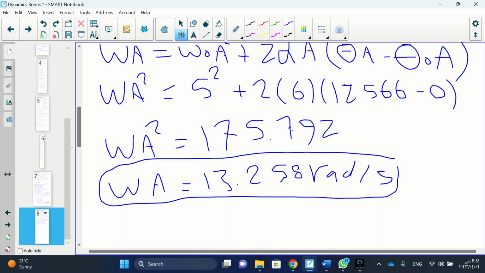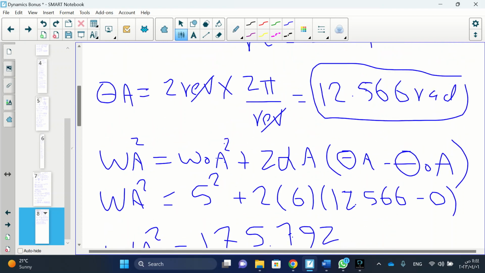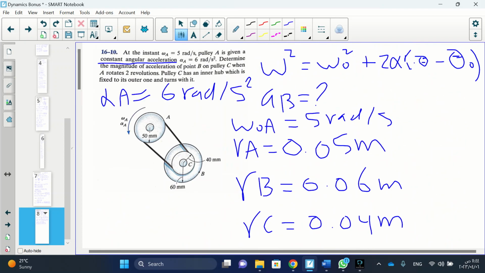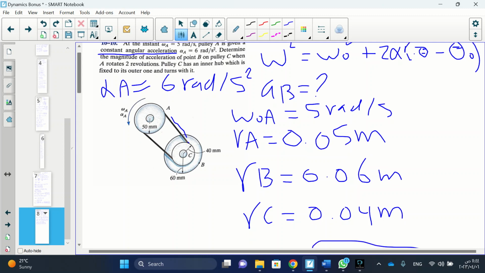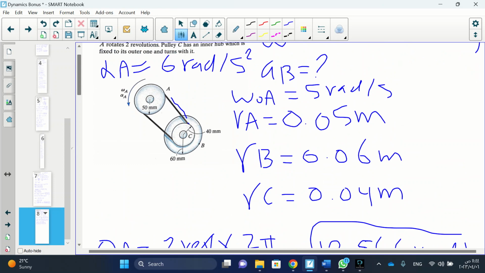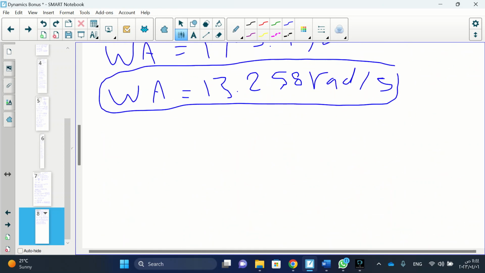Now we can find omega C. How? Because omega A is connected to omega C, right? Same rotation, they are connected together, these two circles. So we can say omega A RA equals omega C RC.